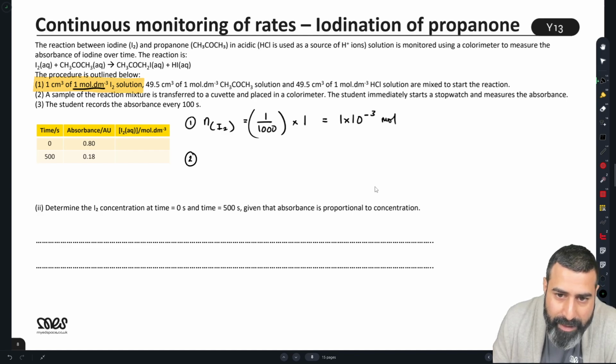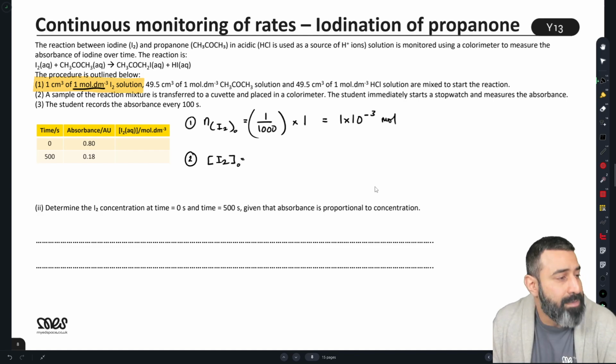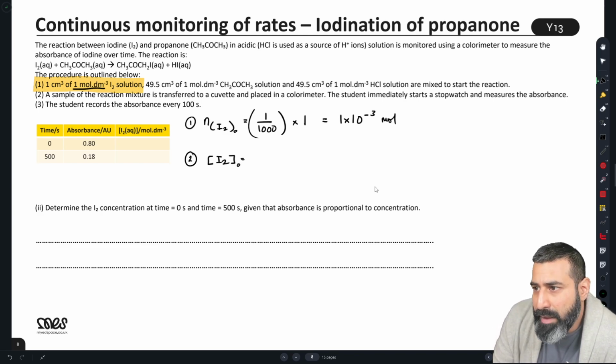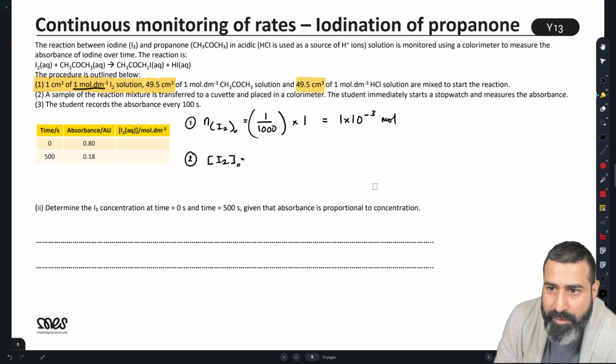Now we're going to work out the concentration of I2 at t equals 0. To do that, we need to add up the total volume. The total volume is 49.5 and 49.5 and the 1. Don't forget this 1.